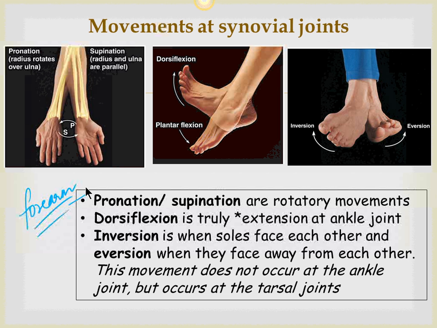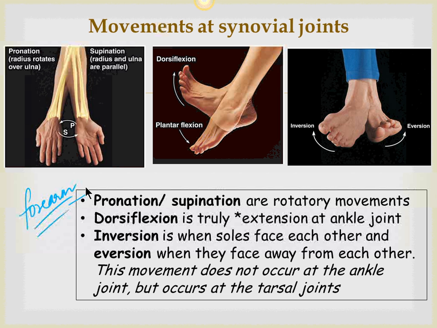Then when we come to the ankle, instead of using the words flexion and extension... everywhere else we use flexion where the angle decreases and extension where the angle increases. At the elbow we use flexion. When you bend your head down, that's flexion of the neck. When you bend at your trunk, that's flexion of the vertebral column. When you lift your thigh up, that's flexion at the hip. When you bend your knee, that's flexion at the knee.